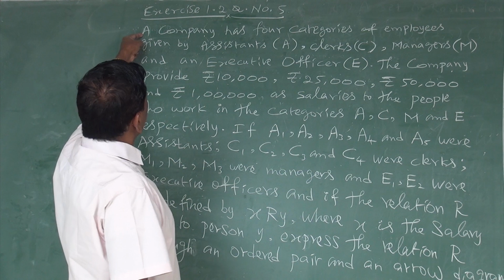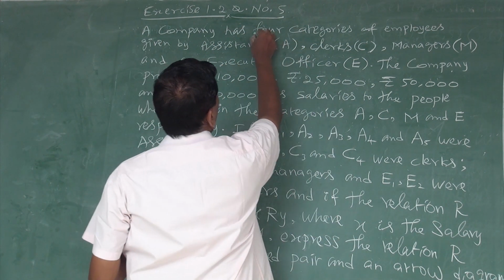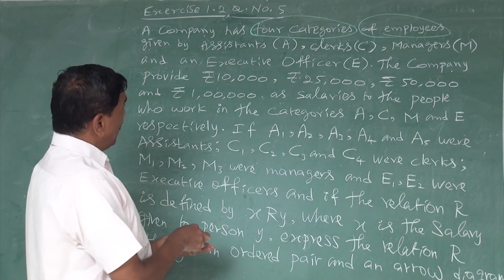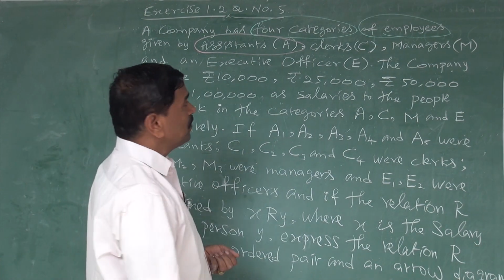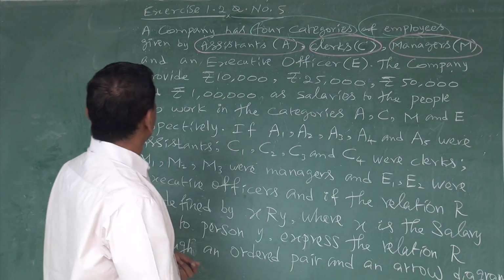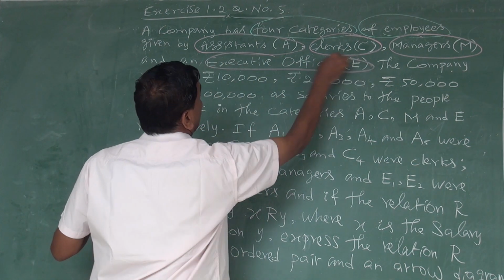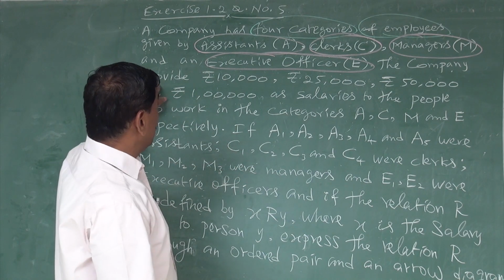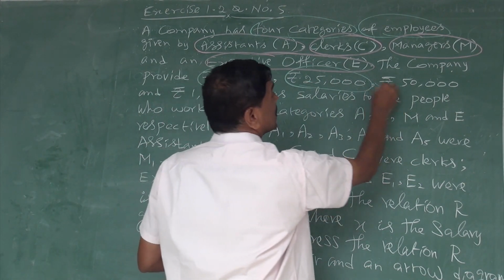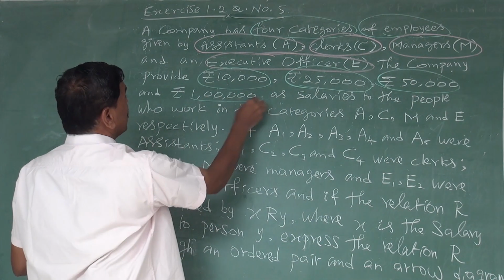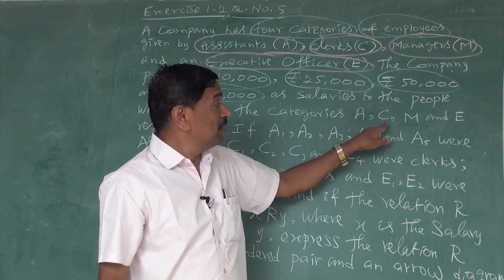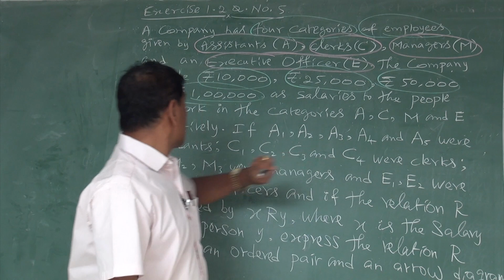The question is, a company has 4 categories of employees given by assistants capital A, clerks capital C, managers capital M, and then executive officers, capital E. The company provides rupees 10,000, rupees 25,000, rupees 50,000 and rupees 1 lakh as salaries to the people who work in the categories assistant, clerks, manager and executive officers respectively.